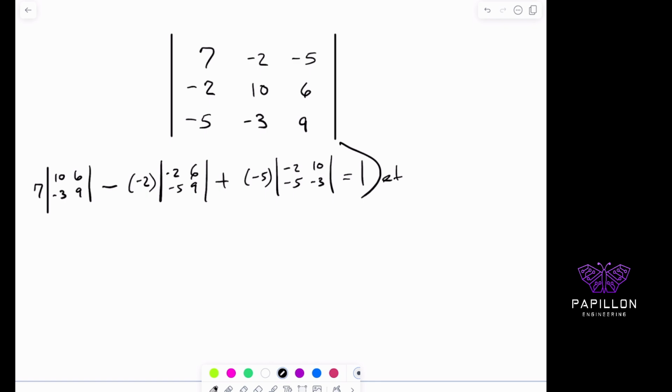Okay, so now I'm going to cross multiply. And what am I cross multiplying? Here and here. And we're going to go ahead and solve. So I'll write it all out so you can see how I'm doing this. And then after that, you should be able to solve for the rest on your own.